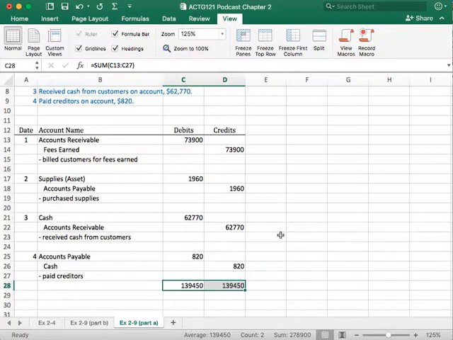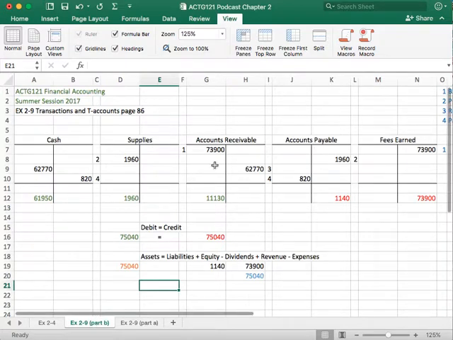Okay, so the third part of this problem is to assume that the unadjusted trial balance shows a credit balance for accounts receivable. Does this credit balance mean an error has occurred? So the unadjusted trial balance shows a credit balance for accounts receivable. Well, let's go back and look at the T account.